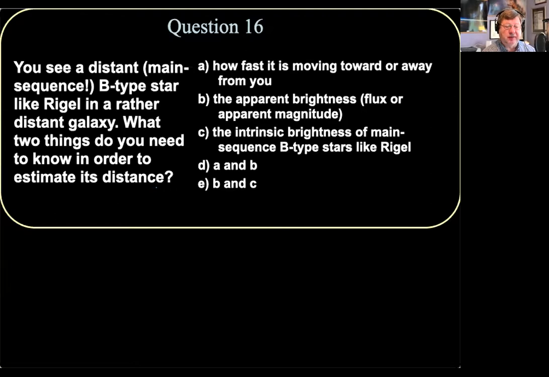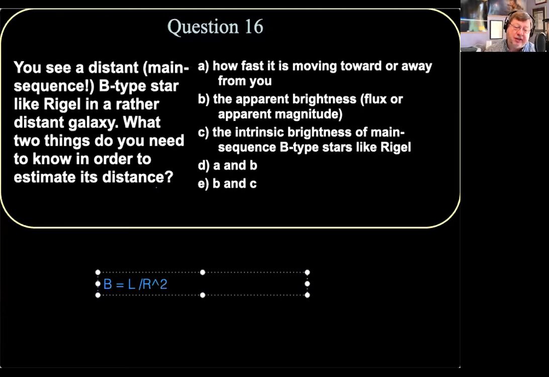So there's some confusion here. Let's go over this again. Remember, the apparent brightness, B, is equal to the intrinsic brightness, L, over the distance squared, okay?